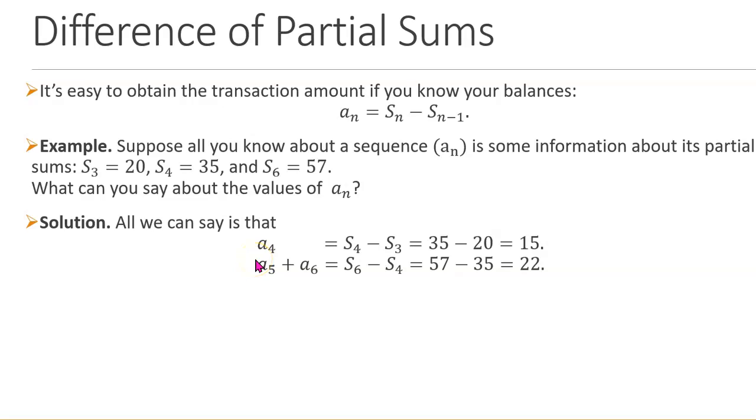Well, we know the third partial sum and we know the fourth partial sum. So from here we can figure out the transaction amount between 3 and 4. In other words, we can figure out the fourth term of our sequence. So it's just the difference of two running totals, which is 35 minus 20. It's 15.